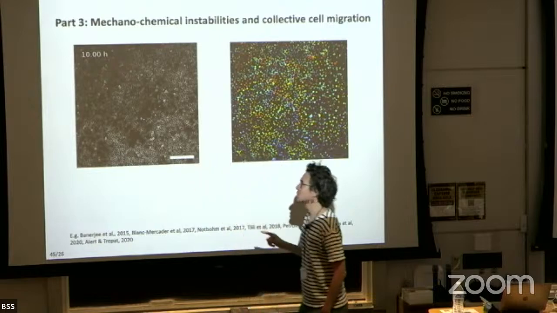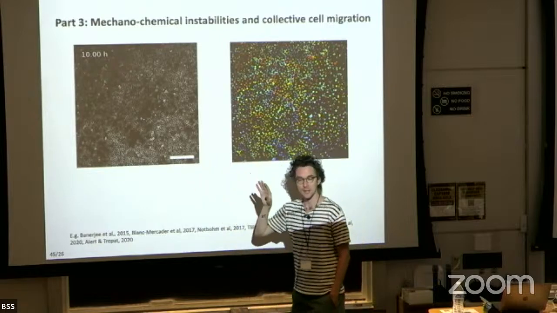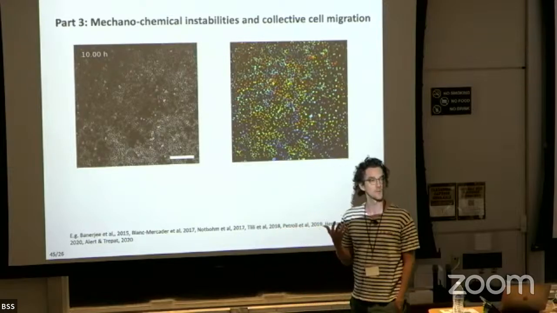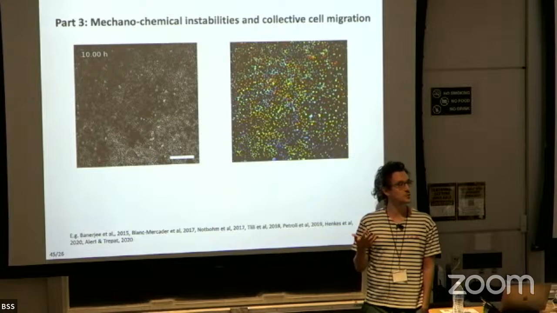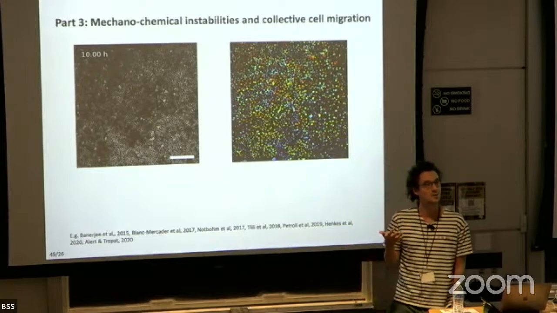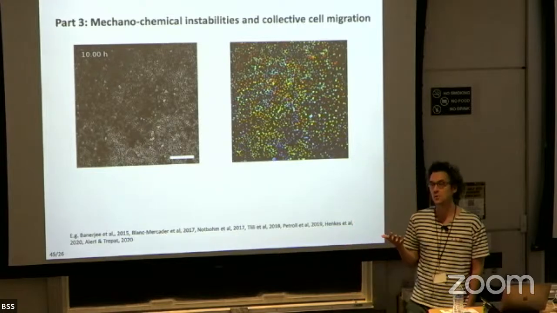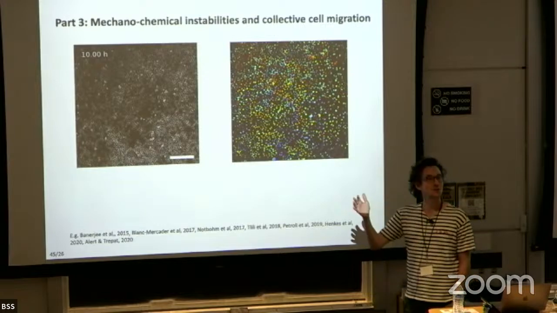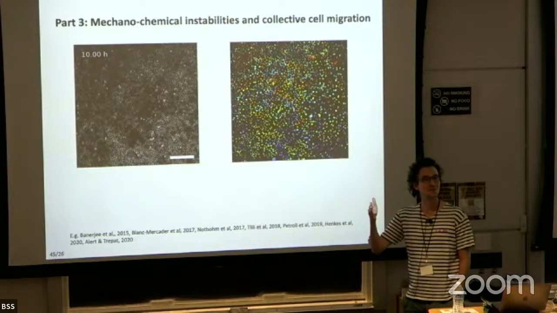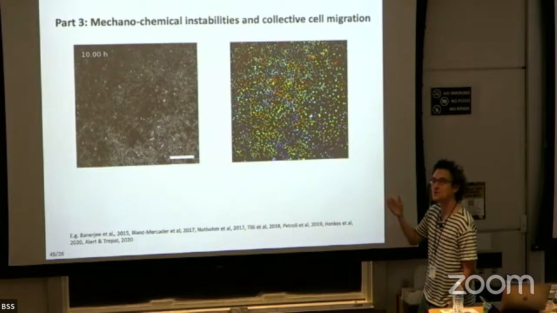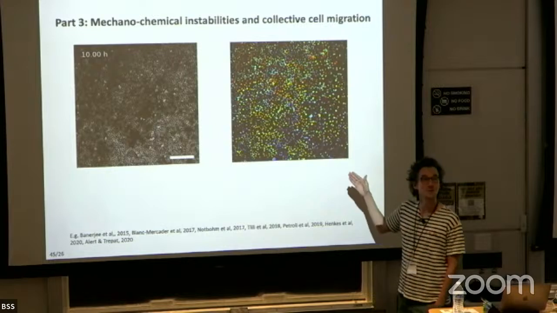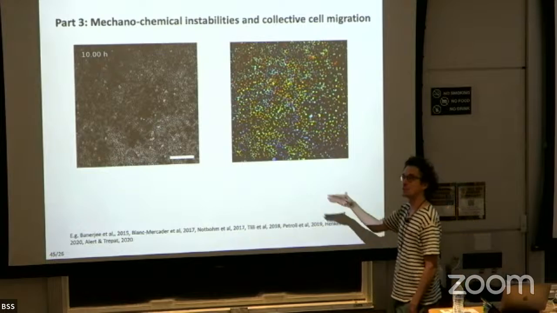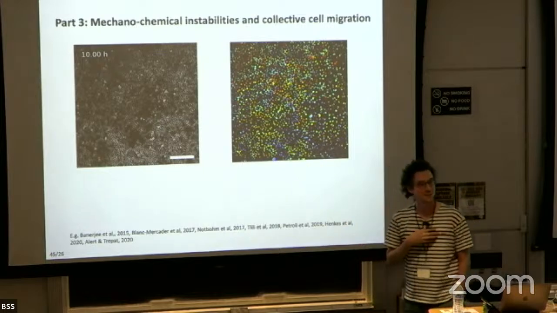But many of these theories describing monolayers are purely mechanical. They don't take into account any internal variables of what goes on inside the cell. And clearly cells are complex biochemical machines with a lot of internal degrees of freedom. So what I'm going to add, unfortunately, is an additional degree of complexity, to try to convince you that you also need to consider internal biochemical degrees of freedom inside the cell to understand their collective behaviors.